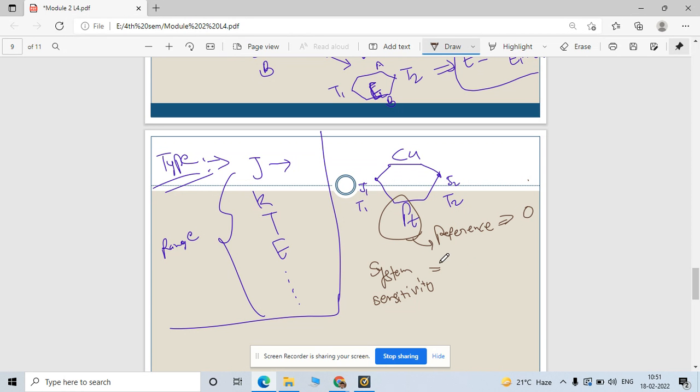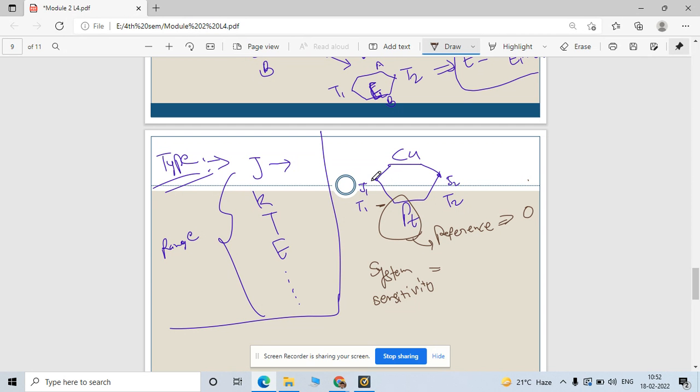Platinum has a sensitivity of 0, so it is taken as a reference. It has 0 sensitivity, so the EMF for that is 0.